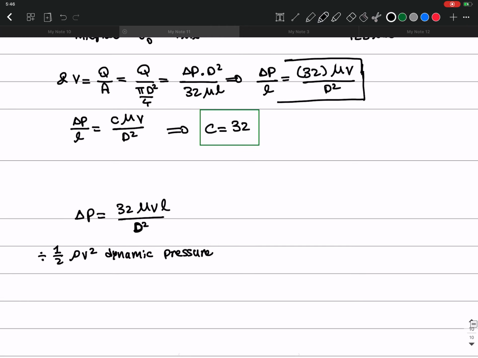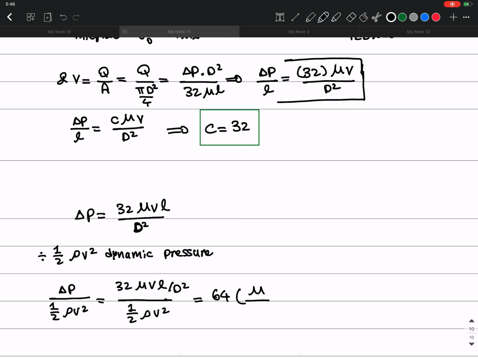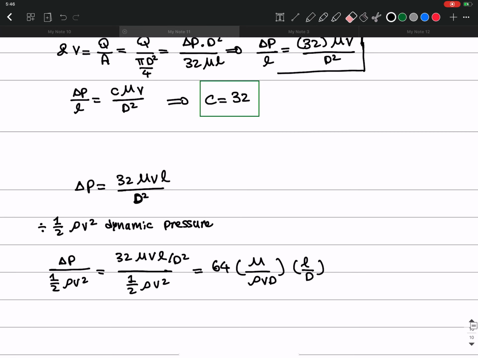So if you divide everything by that, we get delta P over 1/2 rho V squared equals 32 mu V L over 1/2 rho V squared, which equals 64 times mu over rho V D times L over D. So this is a very interesting formula.